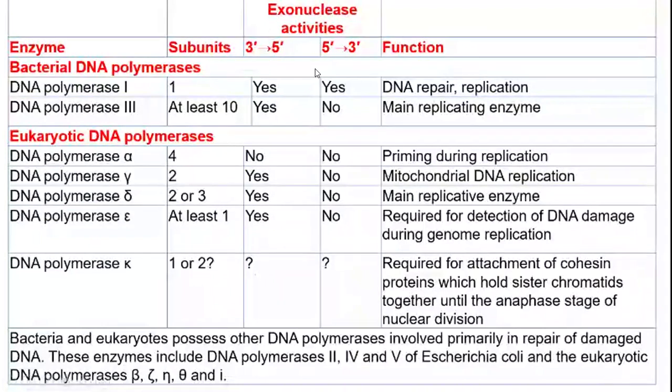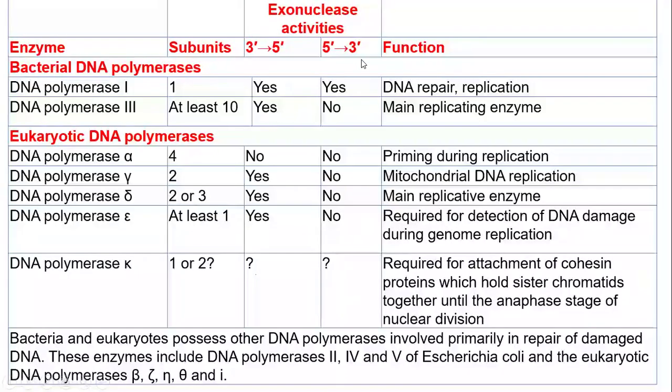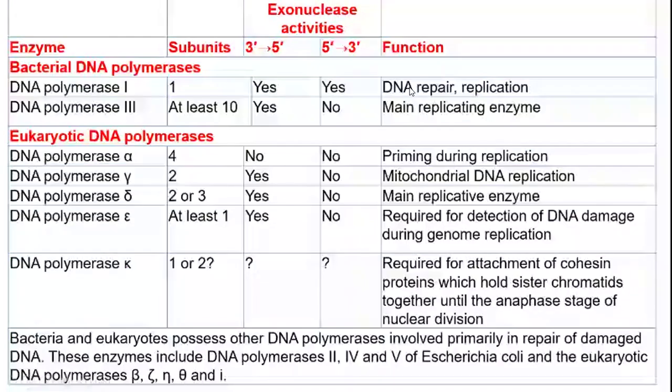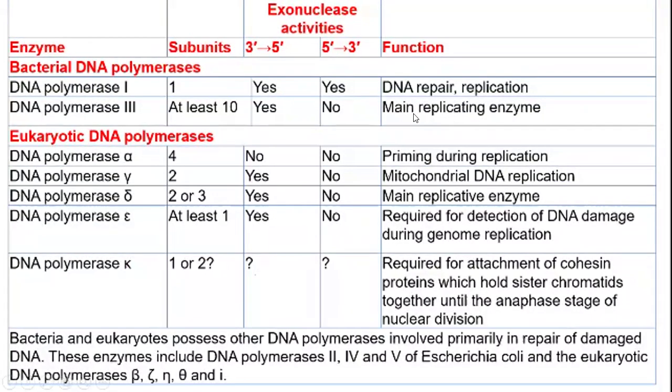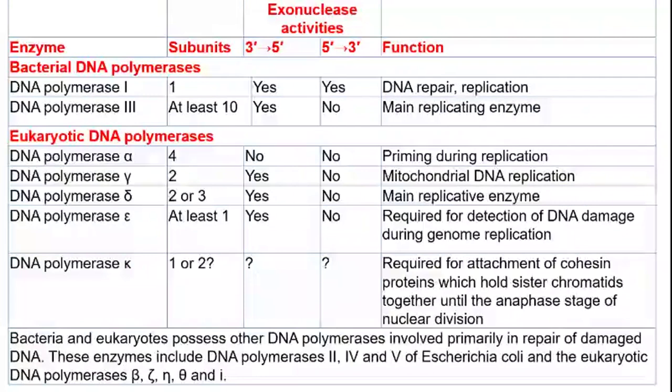The 3 to 5 prime exonuclease activity is yes for DNA pol 1 and DNA pol 2, but the 5 to 3 prime is no for DNA pol 3. Then what actually happens? DNA repair and replication is conducted by DNA polymerase 1, but DNA polymerase 3 is the major enzyme for DNA replication in the prokaryotic system.